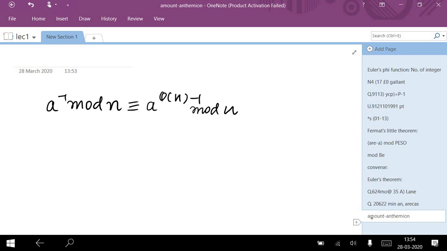In order to find the multiplicative inverse, there are two ways. The first one is by using the GCD, and the second one is modular exponentiation.